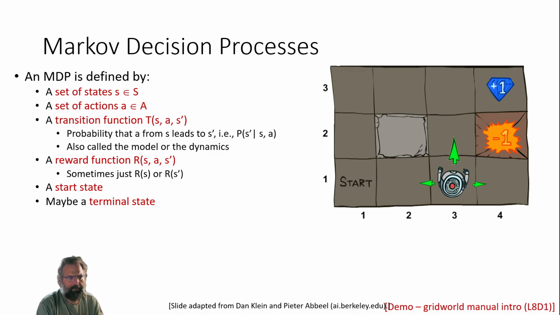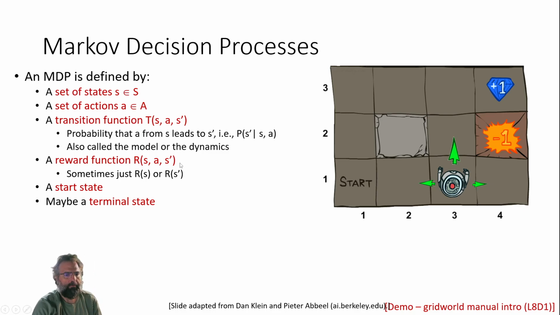It's defined by a set of states s that belong to all possible states, and a set of actions that are also of all the actions that are available, and transition functions that take in a state and an action and return back a state prime, or a state that has been modified, so it leads to that state.